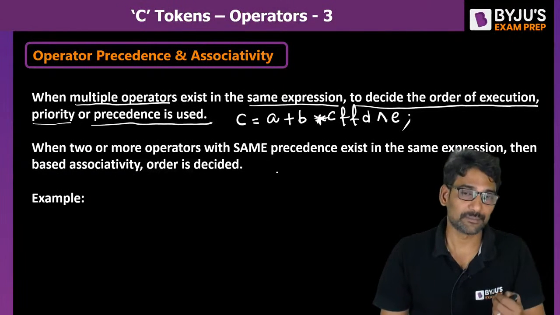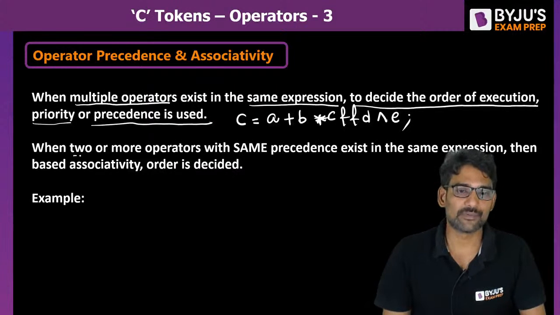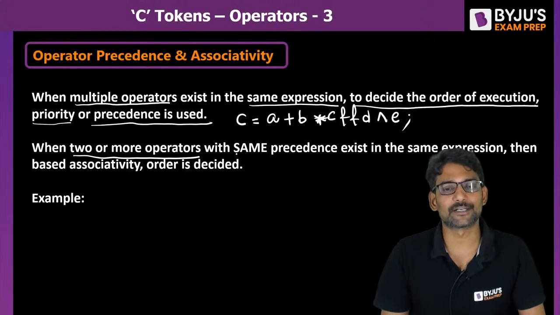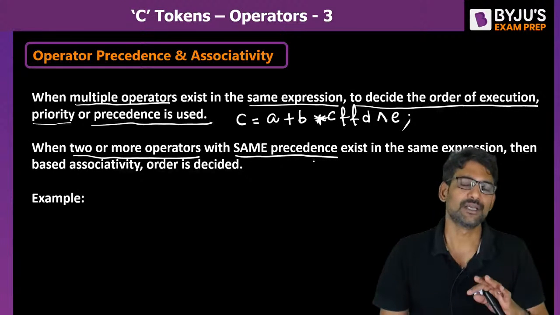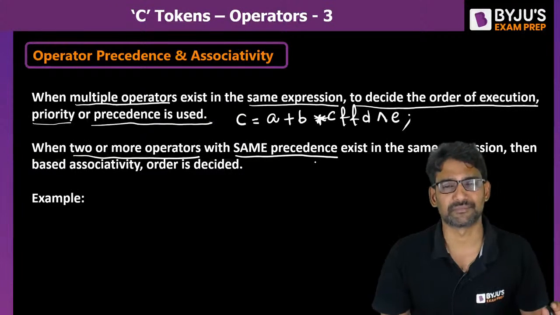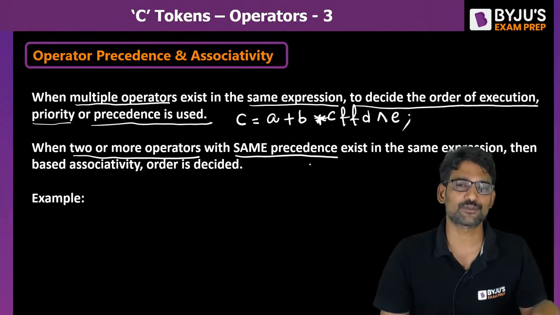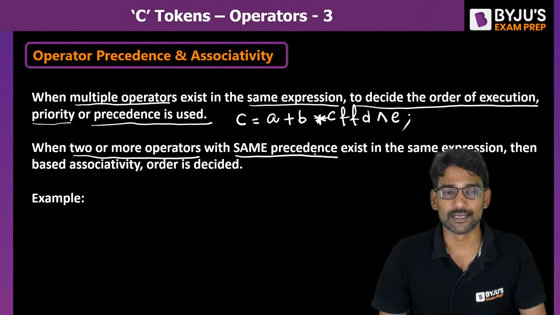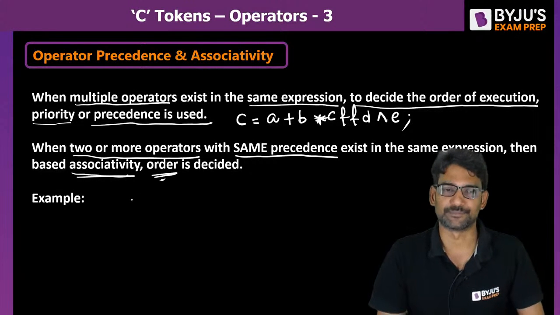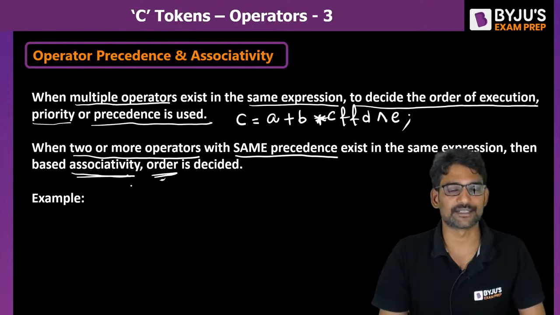But sometimes we will get two or more operators with the same precedence, which means the priority is the same. Then how do you decide what to do first, what to do next? Associativity decides the order.